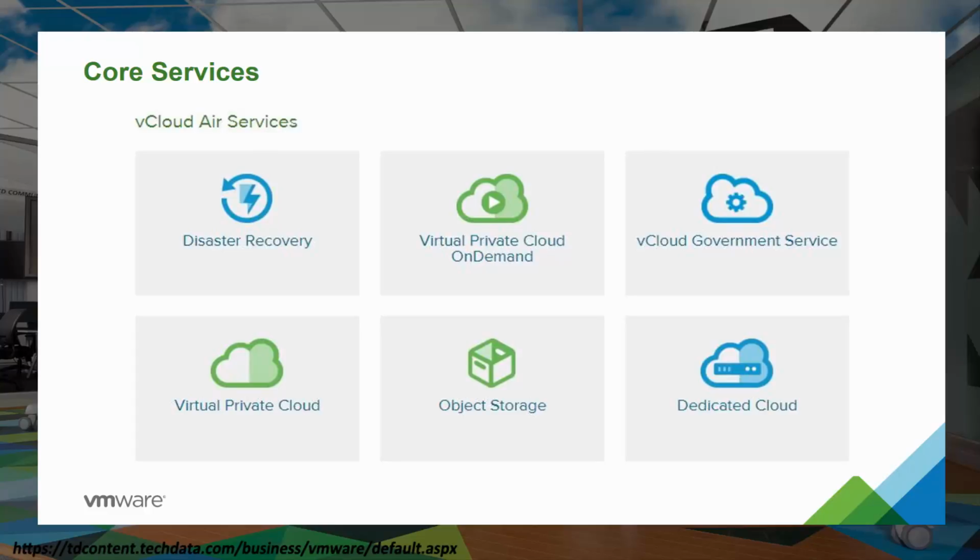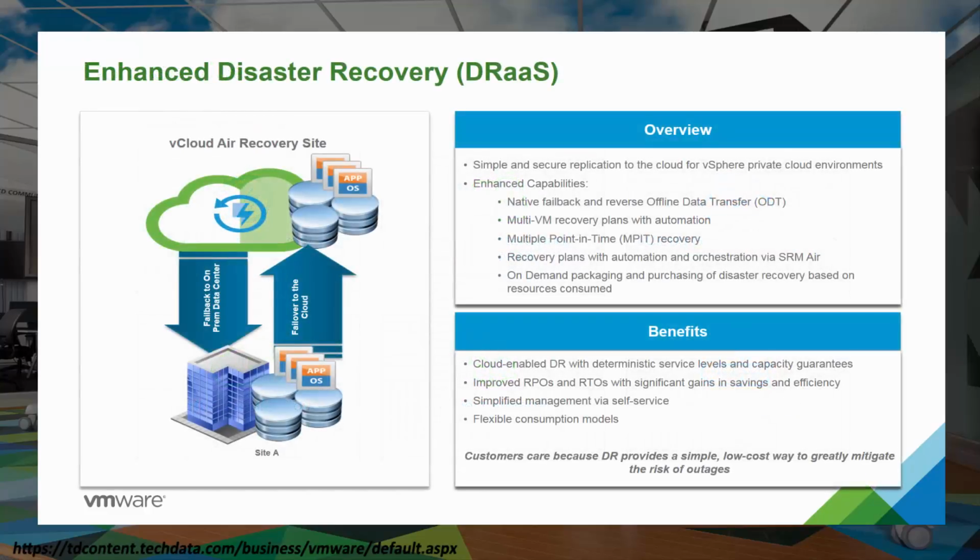So let's go through all the announcements and updates as they relate to vCloud Air that's happened since basically VMworld in San Francisco and Barcelona. We've made several enhancements in version 2 of our core DR as a service offering. Some of the benefits are we now provide up to 24 multi-point in time recovery.